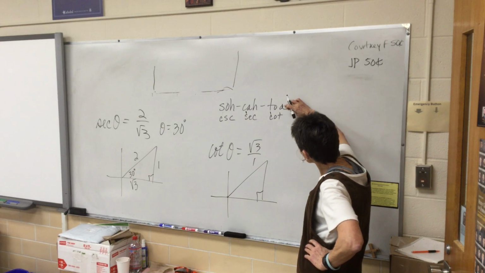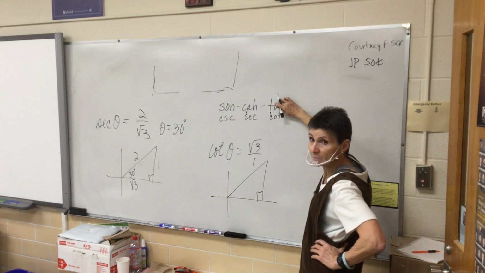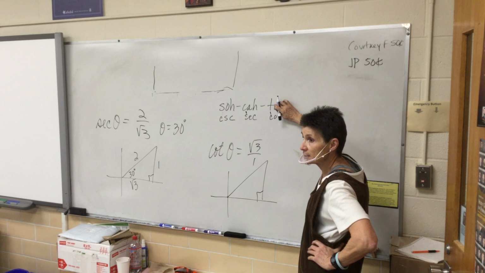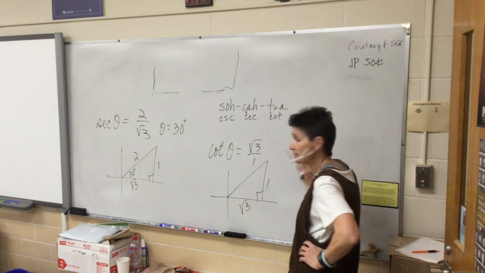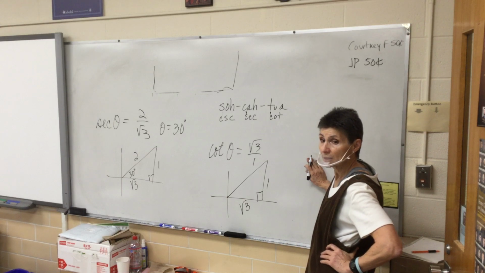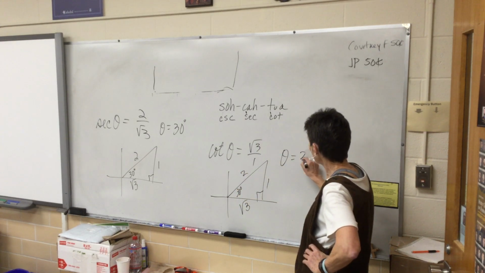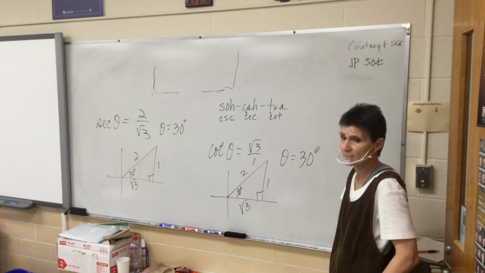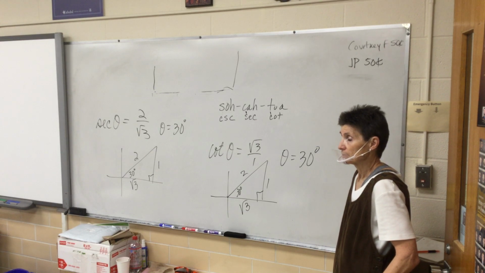So it'll be adjacent over opposite, right? So the adjacent side is √3 and the opposite side is 1. Still 30. So it's 30 again. That's another 30-degree angle. But they're all going to be 30, 60, or 45, so it doesn't matter that we keep getting 30. Definitely 30.